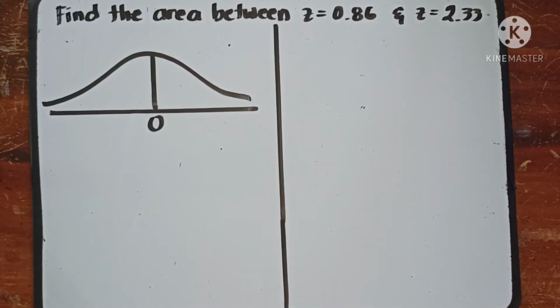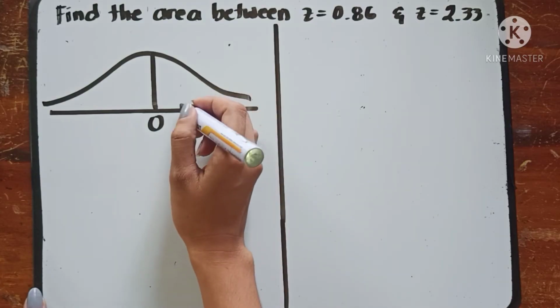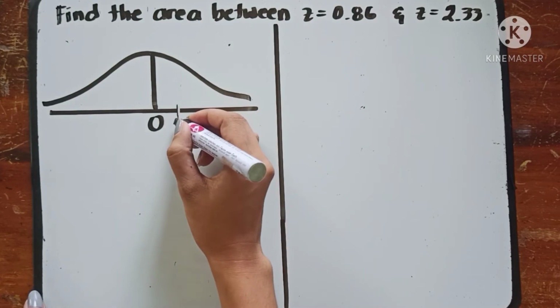Okay, so next example, find the area between z is equal to 0.86 and z is equal to 2.33. Okay, so ngayon, gitna si 0, ilagay yung mga given numbers natin. We have 0.86. 0.86 ay nasa right side, malapit kay 0.